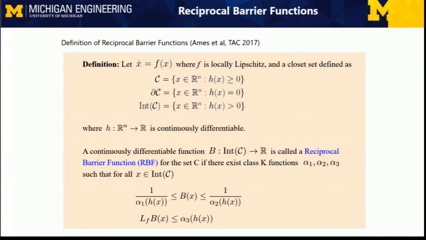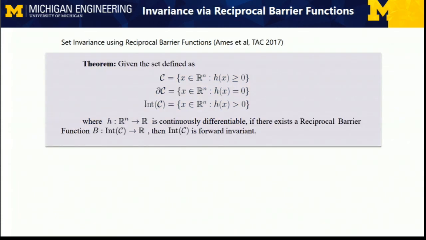Essentially the idea is that you want to make sure that on the boundary of the set, the closed loop vector field would always point you into the interior of the set, which is nothing but the representation of Nagumo's theorem for this class of sets and this class of functions. So if you can find such a reciprocal barrier function for a set of state constraints, then you can prove that the interior of the set is going to be forward invariant.